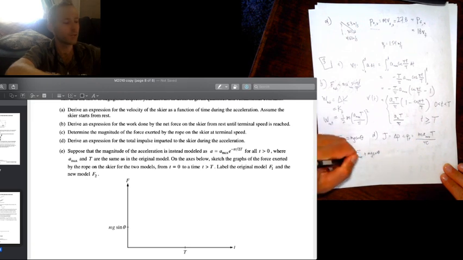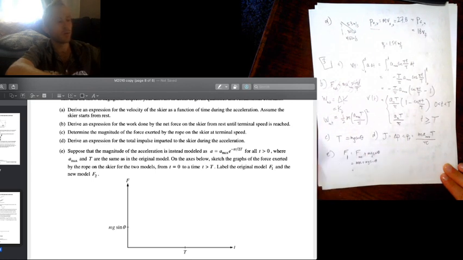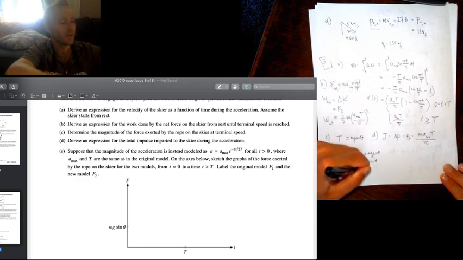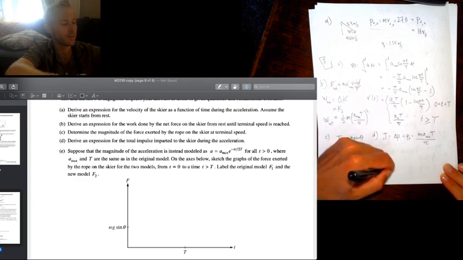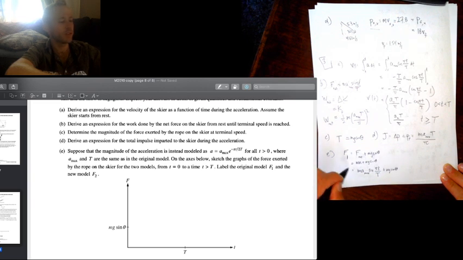And then the net force is just ma. So what we would get is m a_max sine of pi t over big T plus mg sine theta. All right, so this is F1.